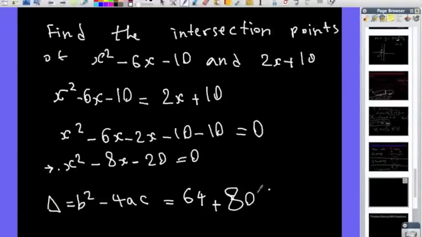Sorry about that. So where was I? Okay, so it's 64 plus 80, which would give you 144. So we know that delta is greater than 0, which would mean that there are 2 points, right? Because if delta is greater than 0, then there are 2 different answers.